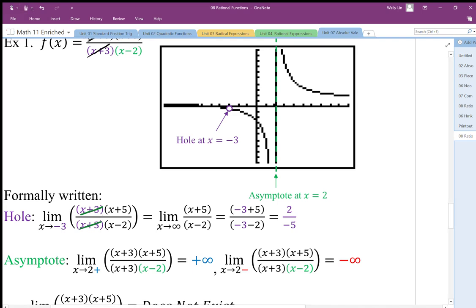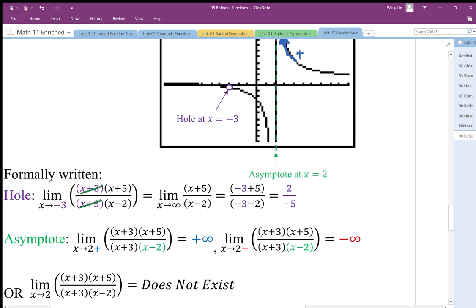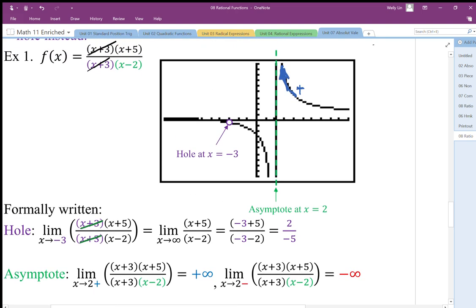So it looks like this. I'm approaching the value of +2 on the x-axis from the positive side. So that's what that plus indicates. It's approaching it from this direction. And as I'm approaching it from that direction, it's going up to +infinity. Okay, it's shooting off to infinity.